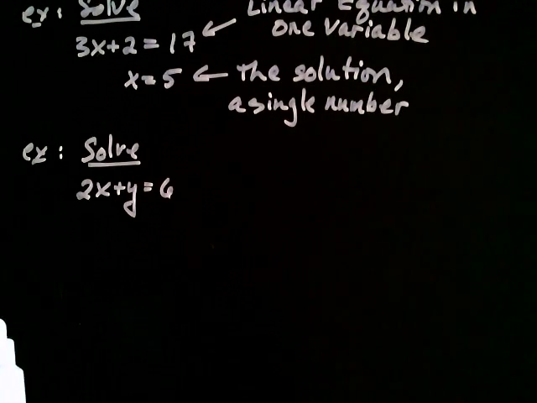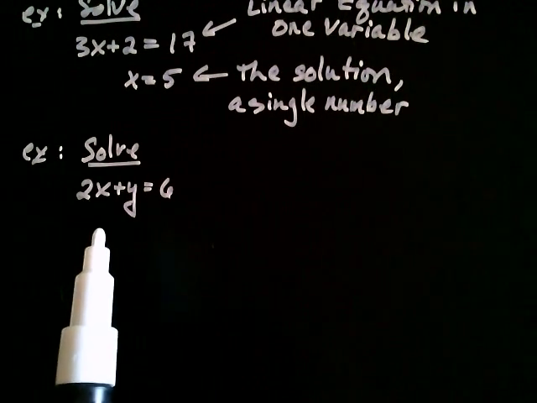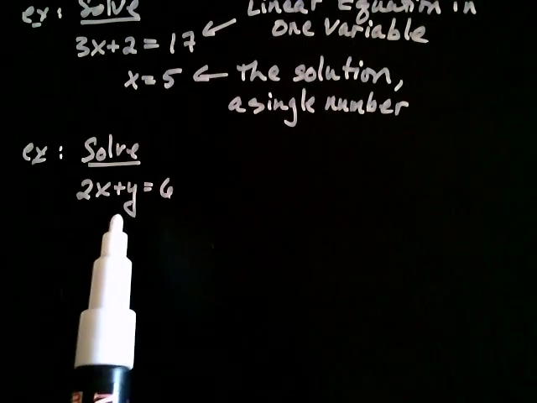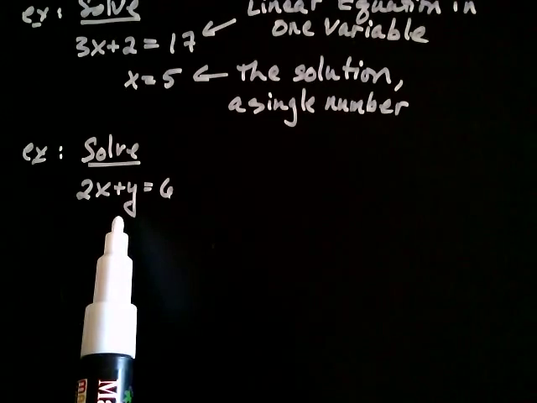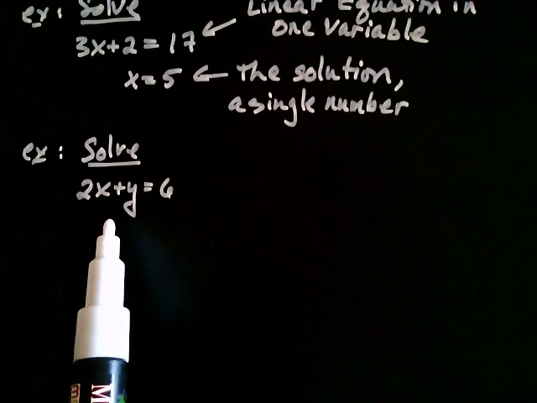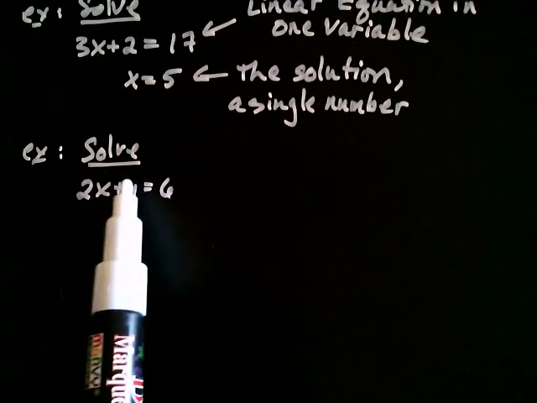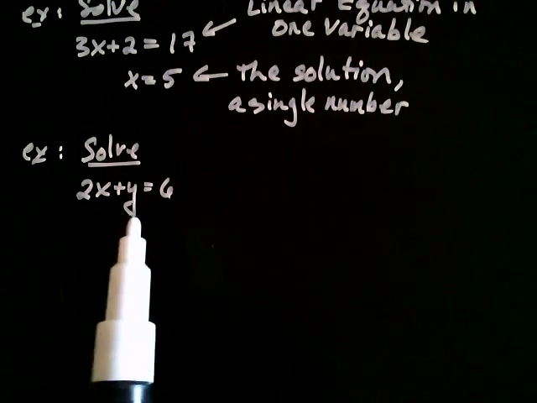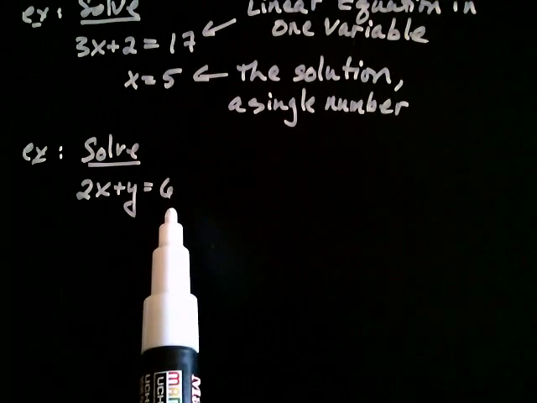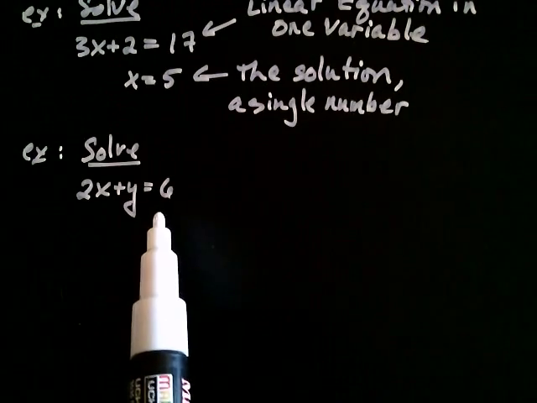Okay, so I can see that there's a difference between this problem and the previous problem. And that difference is that instead of only one variable, I have two variables. On the other hand, there is a similarity. And that similarity is that the exponents, right here and right there, are both a 1. So in this case, we'd still call it a linear equation, but it wouldn't be a linear equation in one variable.